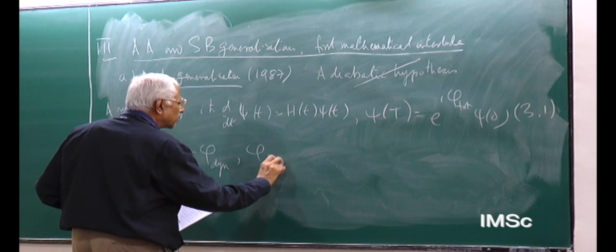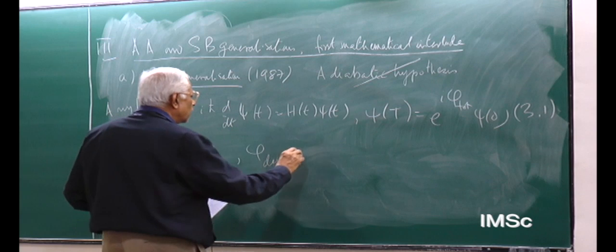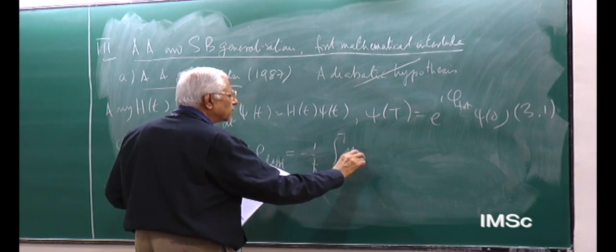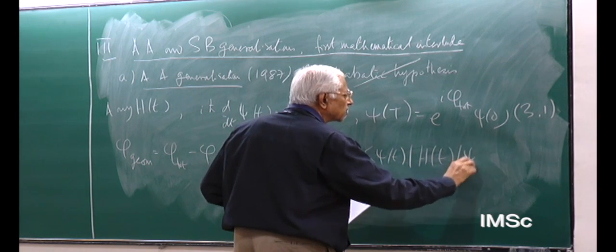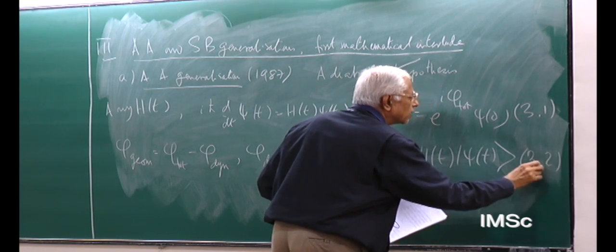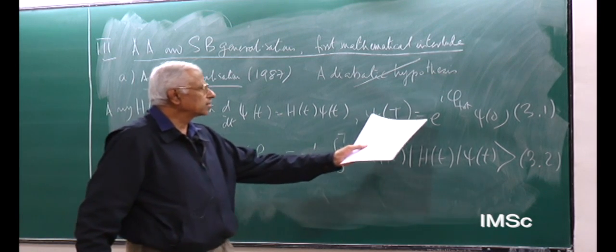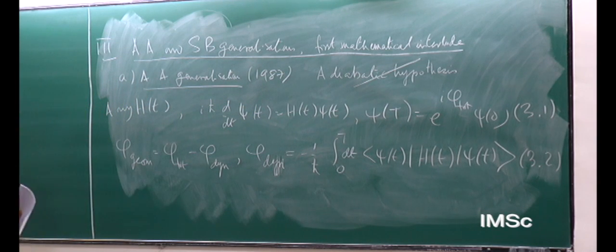So the most important achievement, I would say, of Aharonov-Anandan was to show how to reconstruct something which you can call the geometric phase in this very much more general setting. They said phi total is given to you by the cyclic solution to the Schrodinger equation. They gave a prescription for how to define what we can call a dynamical phase for this evolution.